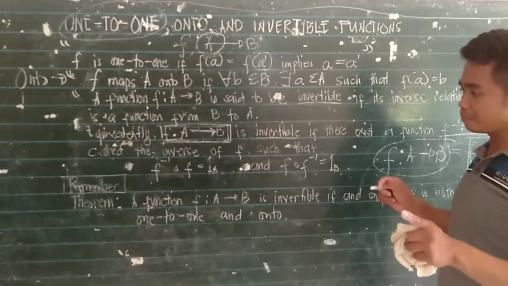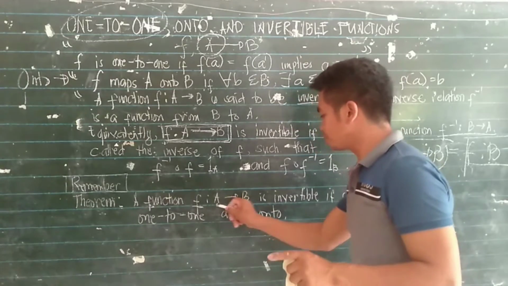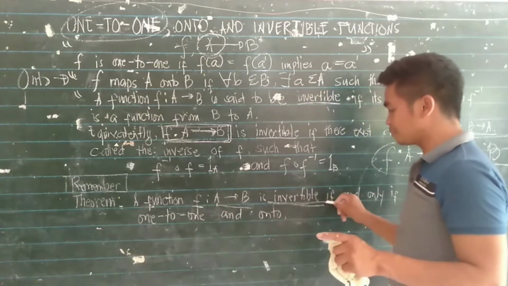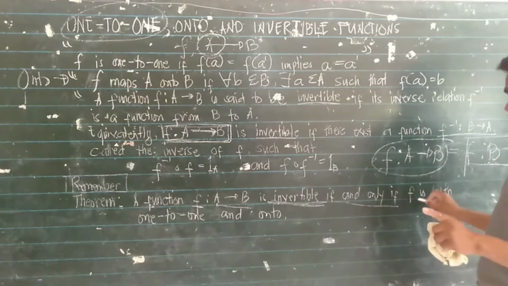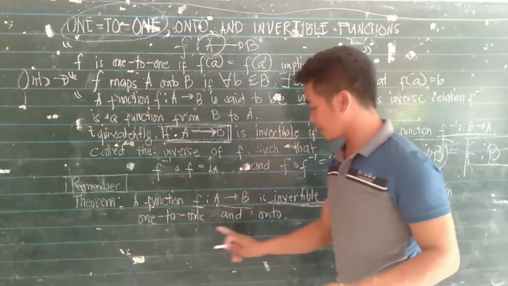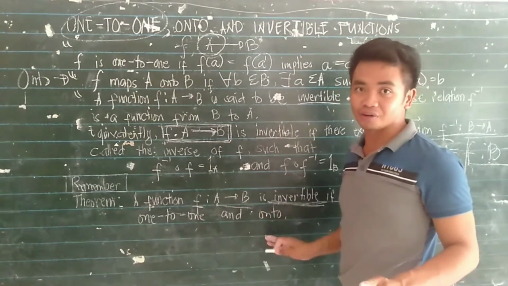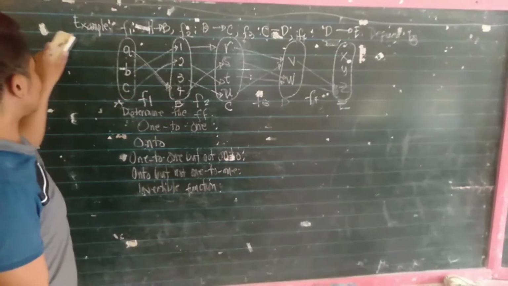Now, we're going to remember that a function f from A to B is invertible if and only if f is both a one-to-one and onto function. So we have here an example.